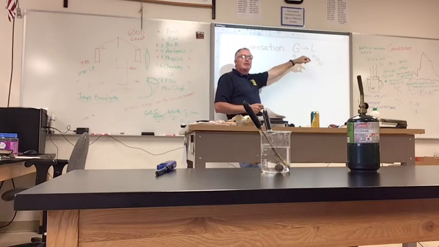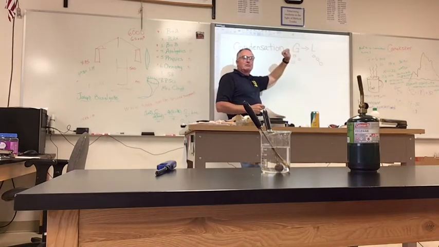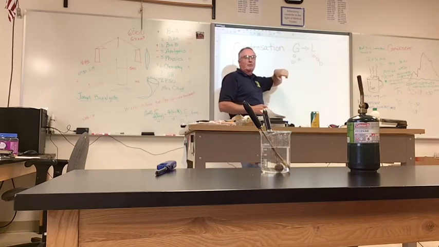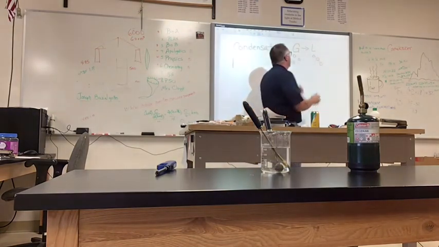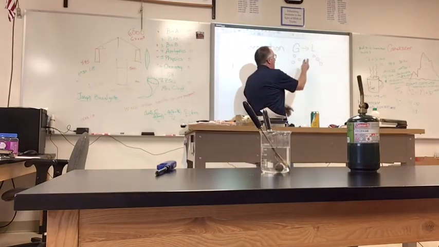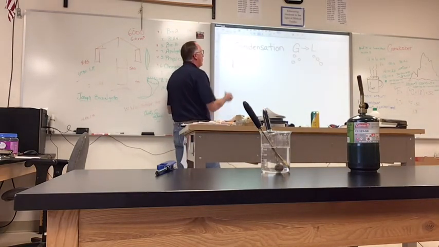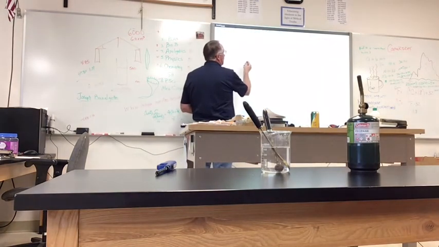Is each particle gaining freedom or losing freedom? Where is it more free? It's losing freedom. It's being joined together, chained up. If it loses freedom, we also lost energy. It also happens when it touches something cold, so if you're cooling it off, it's going to lose energy.